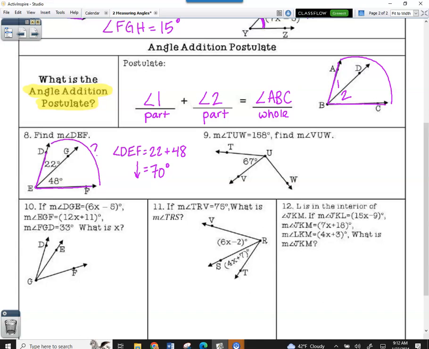Take notes on your picture. Did you put an arc here to say the whole thing's 158 and a question mark here?